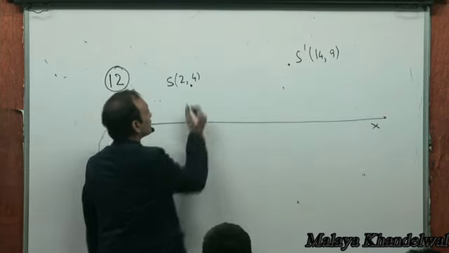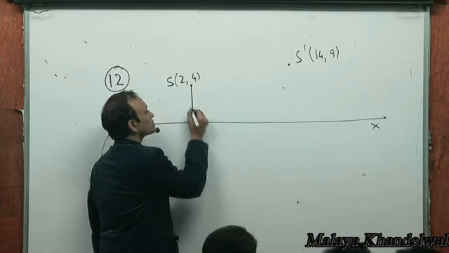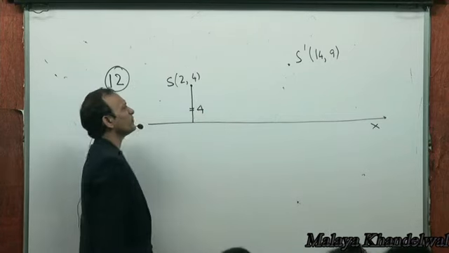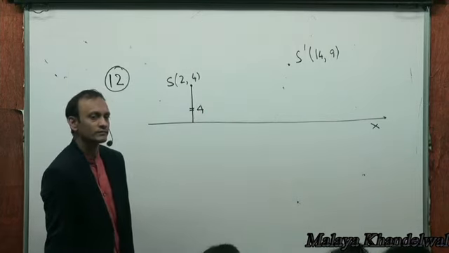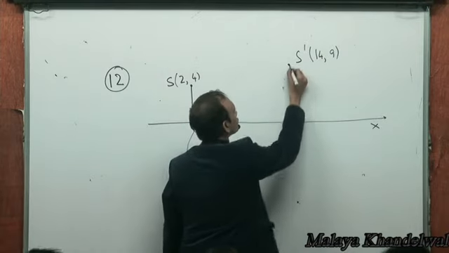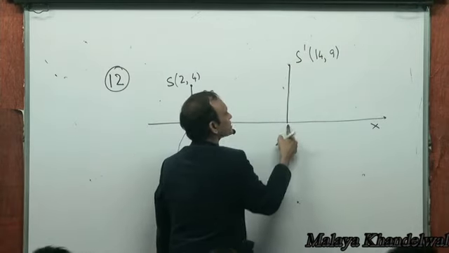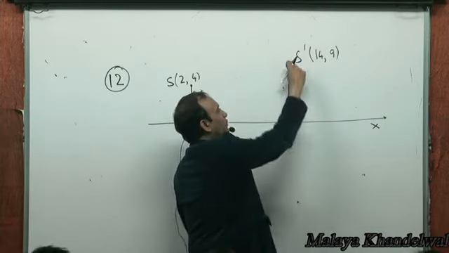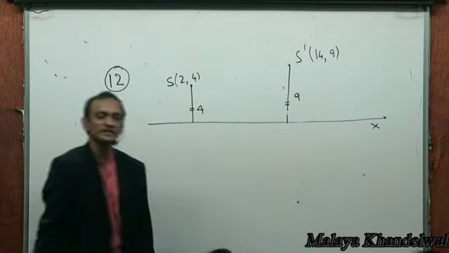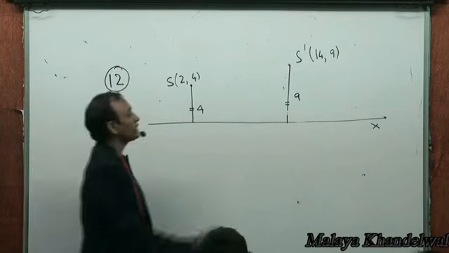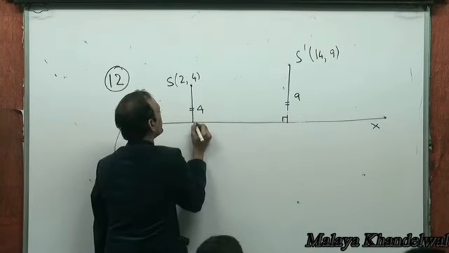Now, what is this distance? Distance of S from the x-axis would be the y-coordinate of the point, 4. Distance of S prime from the x-axis would be the y-coordinate, 9 units.